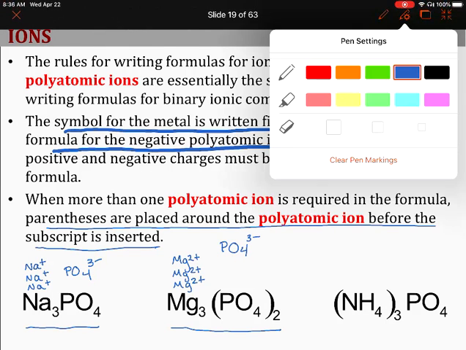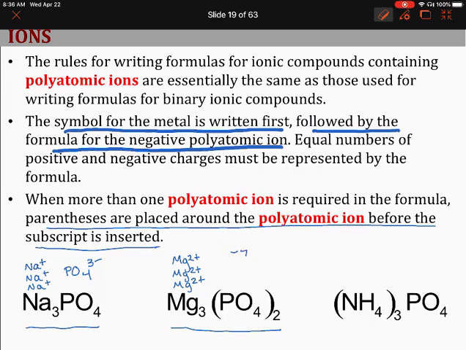Now, the reason that we need 3 of those magnesium ions, we have 2 phosphate ions, each with a 3 minus charge. So we need to balance this overall 6 minus charge with a 6+ charge overall from those 3 magnesium ions.